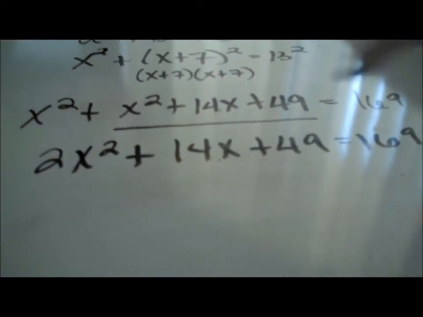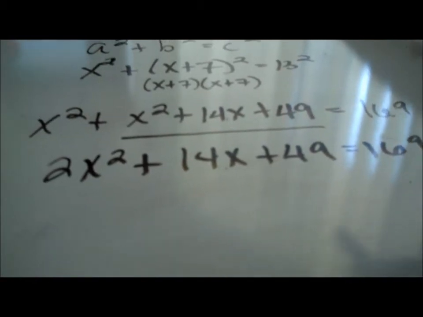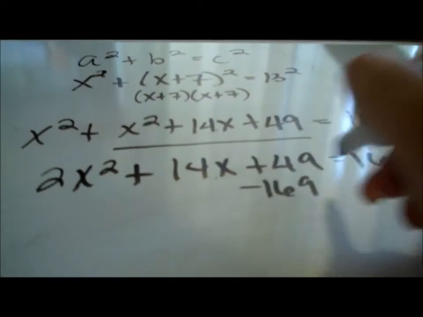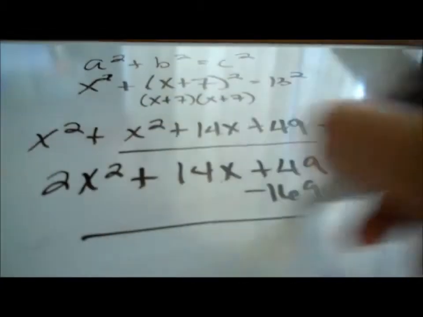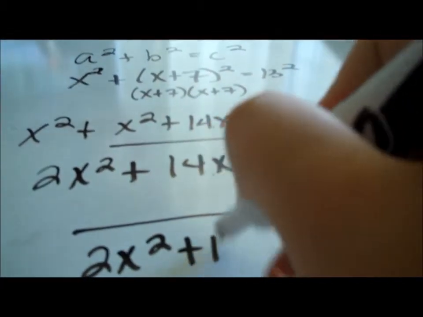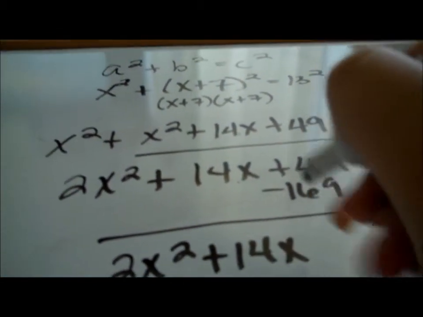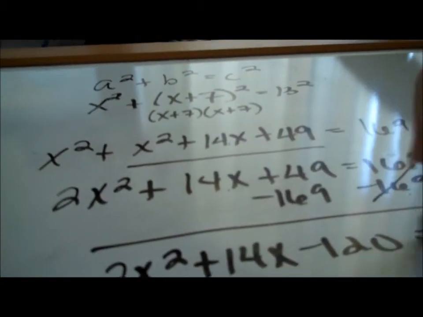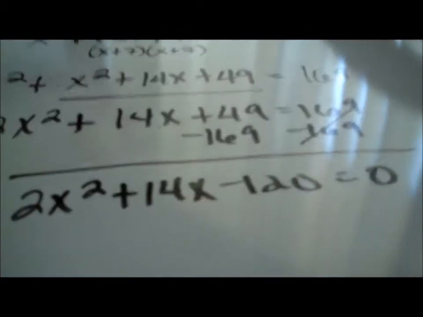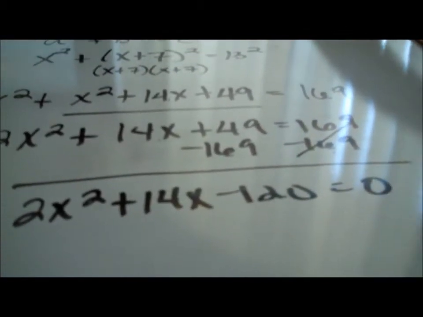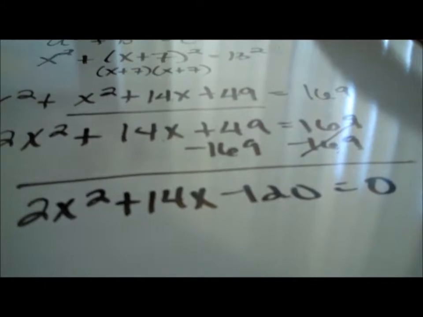In order to solve this, I need to move the 169 over, so I'm going to subtract 169 on both sides. So I get 2x squared plus 14x minus 120 equals 0. You should always ask yourself, can you factor out a GCF? And we can. So I can factor out a 2.